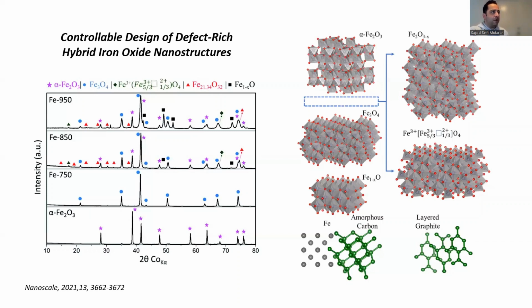So now we have a hybrid iron oxide with different polymorphs plus two non-stoichiometric phases. In Fe 950, once you increase the heating temperature up to 950, wüstite is going to become one of the major phases, and that's actually an issue because wüstite is not a good pseudocapacitor.